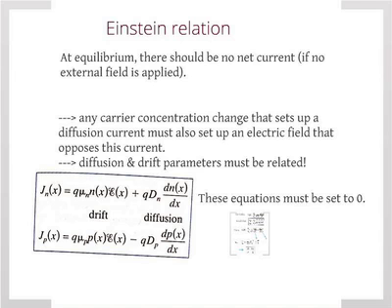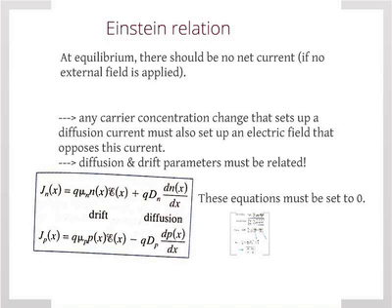Okay? Which means, of course, at equilibrium that the diffusion and drift parameters must be related, fundamentally. Nothing to do with any particular situation. That's why between metal and semiconductor junctions, you'll have the capacitance sometimes. You will always have a capacitance, yes, because there's always a field. But we'll talk about that when we talk about the devices.